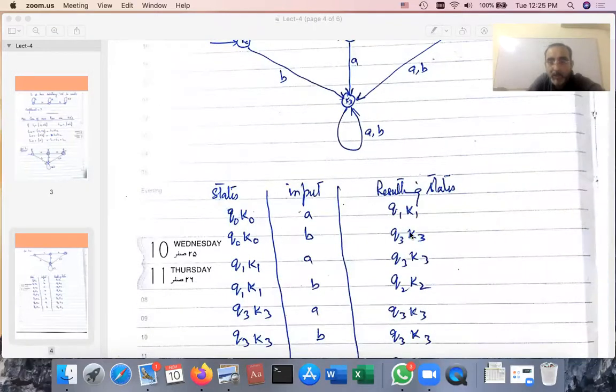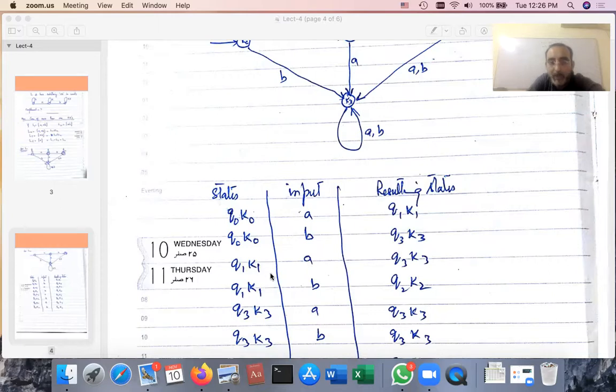So after writing it, what are the new states coming into this column of resulting states? Q1, K1, and Q3, K3 are something new. So now you have to take Q1 and K1 in the first column, and then check A and B over these two states.